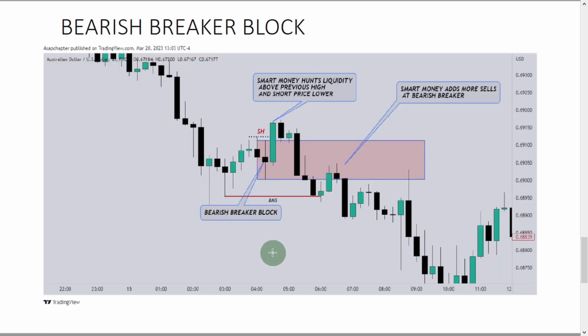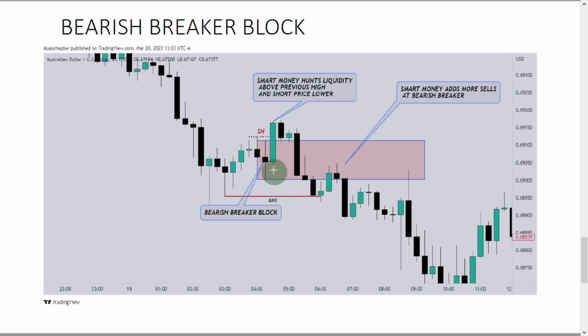So this is a chart example of a bearish breaker. We have a previous high here. Smart money sweeps liquidity above that previous high, so there is a stop hunt. Smart money hunts liquidity above previous high and shorts price lower. So after hunting liquidity above this previous high, they sell aggressively lower, breaking market structure or shifting market structure.